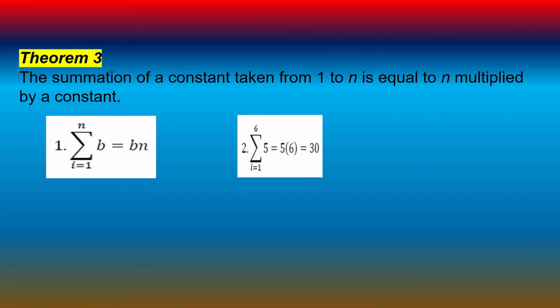So, example, ayan. Let's say 5 is the constant. I-multiply lang natin siya sa 6 observation. Kahit nag-start siya sa range ng 1, dahil wala namang series yung ating formula, i-multiply lang natin. So, 5 times 6 is 30. So, let's try.